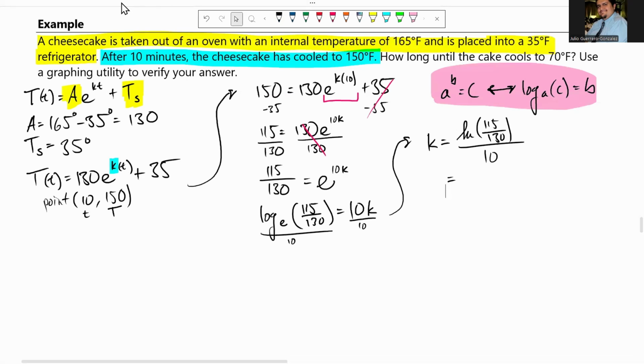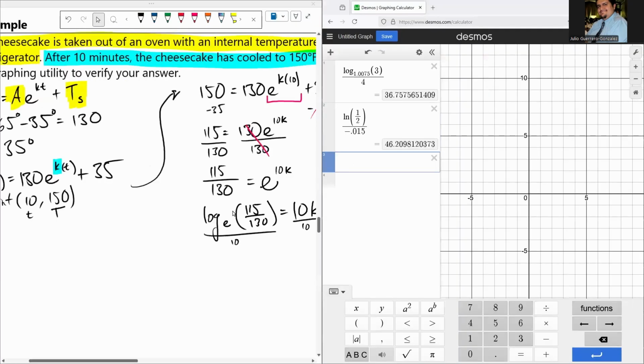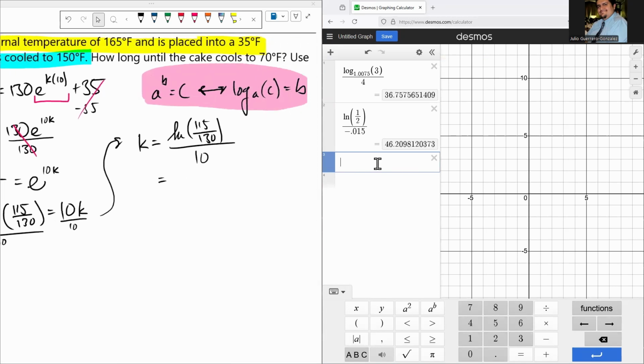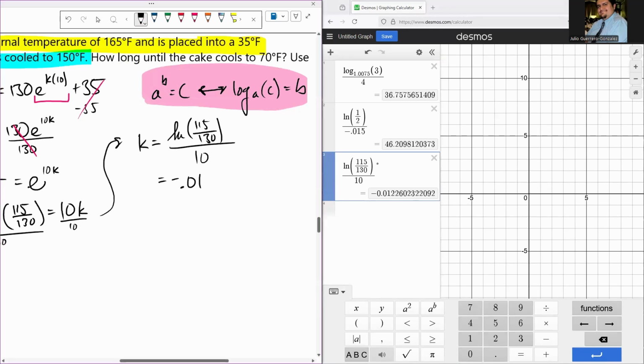I'm going to go into Desmos again. ln, use your parentheses correctly. 115 divided by 130, all of that divided by 10. Negative 0.0123.